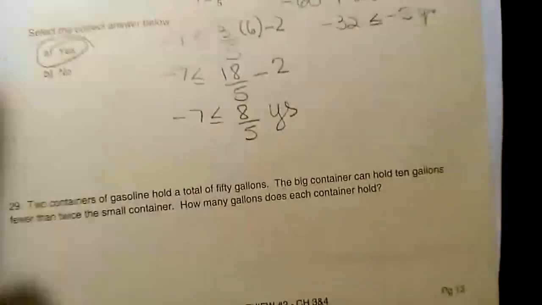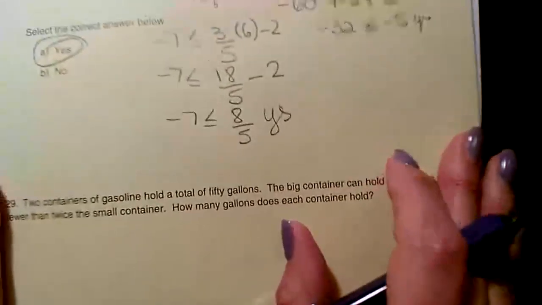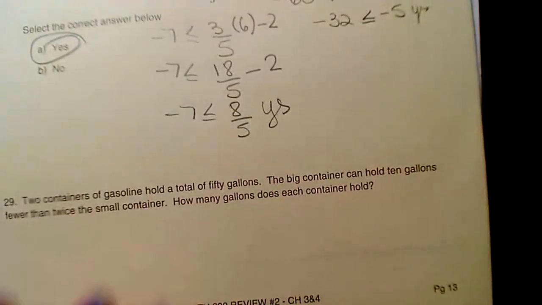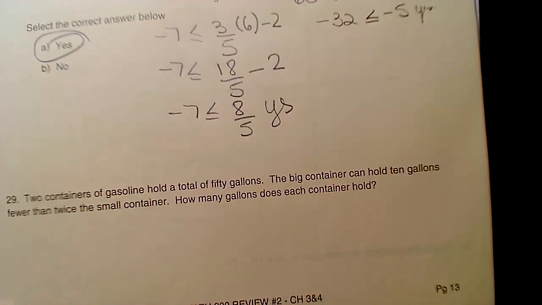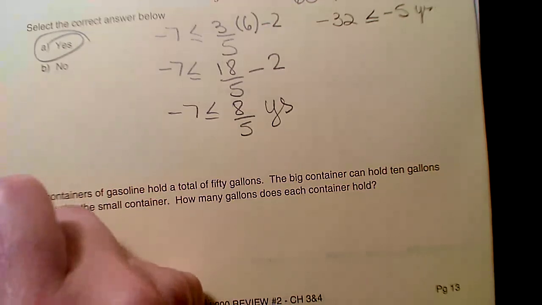Now, let's do this one, the 29. We have two containers, and the total that they hold is 55 gallons. Oh no, 50, sorry, not 55, 50. So there are two containers, right?